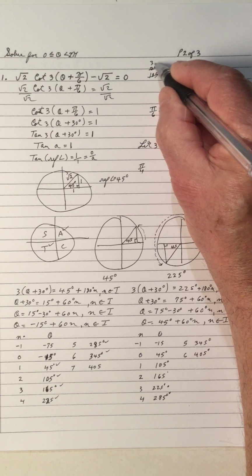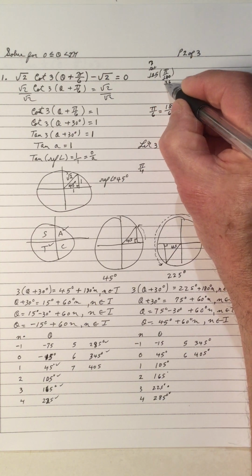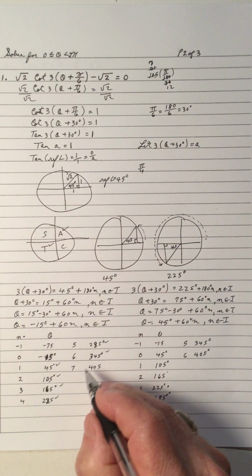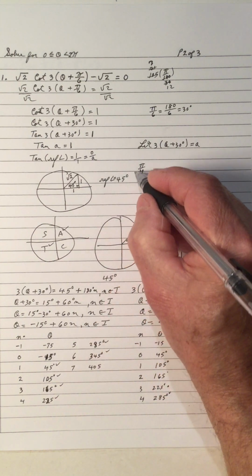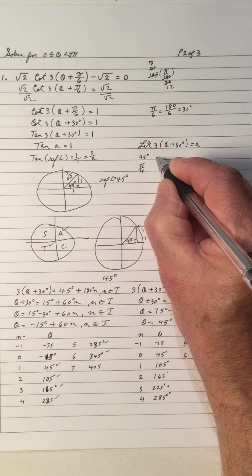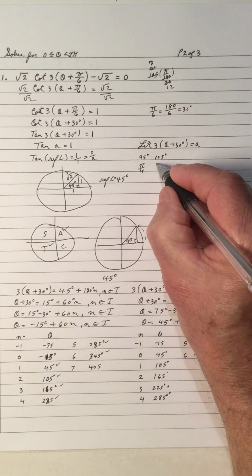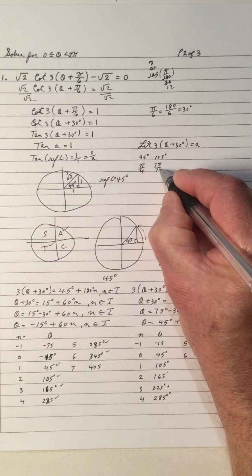That's a 3. 3 into that goes 7. 3 into this goes 12. So 105 is 7 pi over 12.